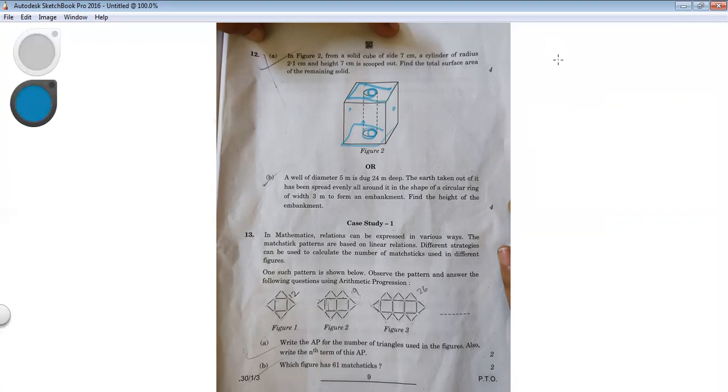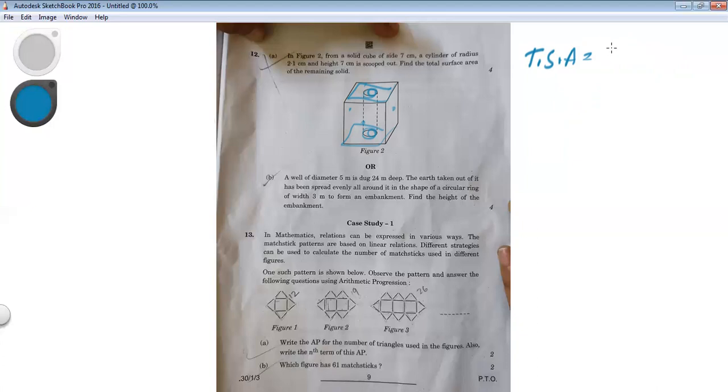Okay, so let me give it to you. Total surface area is going to be equal to the solid cube of side 7 centimeters, right? So 4, and since surface area of a single side is 7 into 7, 7 square, which is 49, so it's going to be 4 into 49. That's going to remain there for sure. Actually not, you can directly take the full 6 only. Let me write it as a formula.